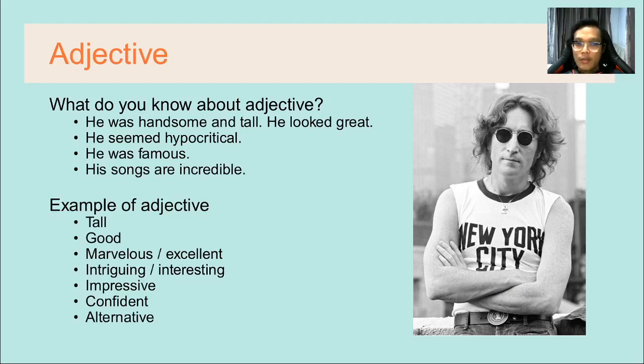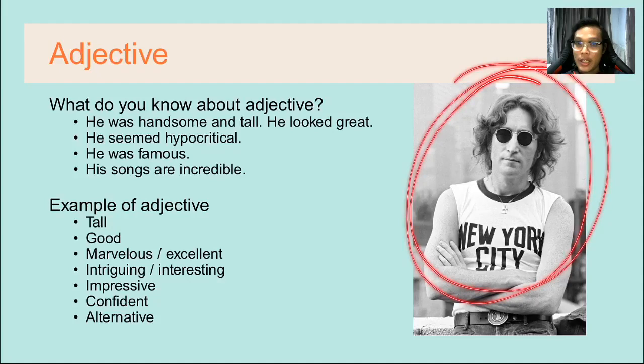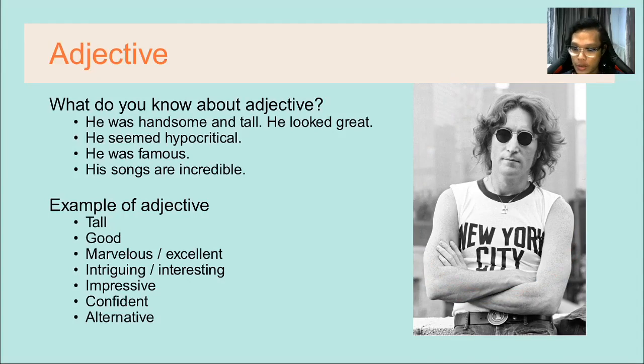So when do we use adjectives? To conclude, we use adjectives to describe what? For example, I describe this guy, right? So he is tall. So what is this guy? Is he a noun or a verb? What does noun mean?